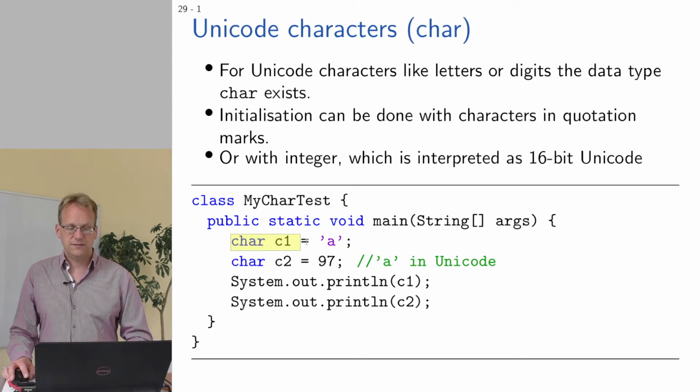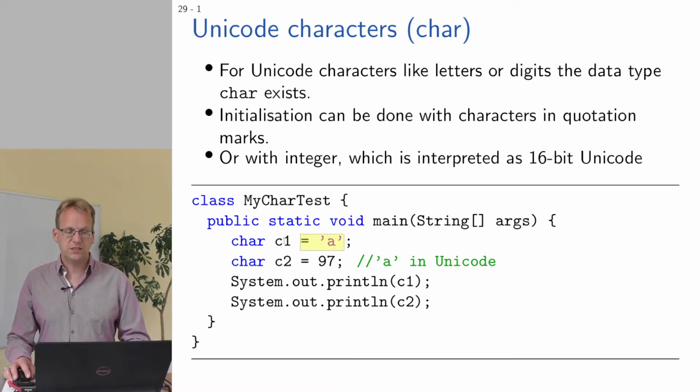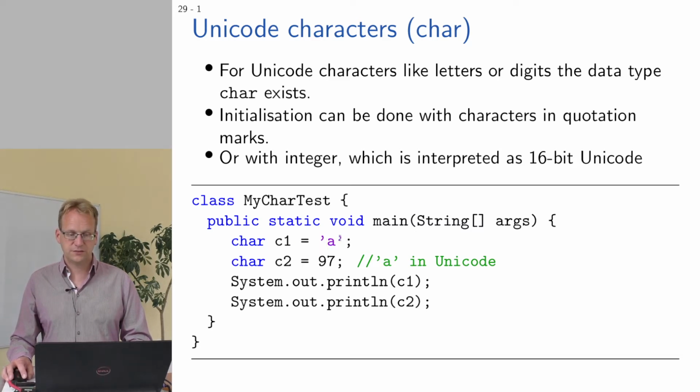And then you see also the initialization in the same line of code. Here I'm initializing this variable as symbol A. So we use these quotation marks here to show that this is a character symbol. So the character symbol is placed within these quotation marks.